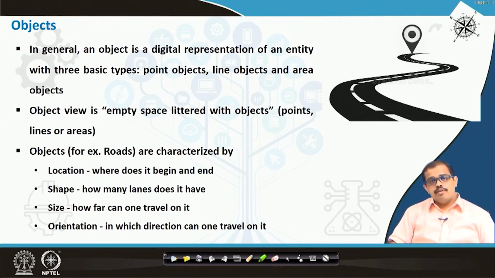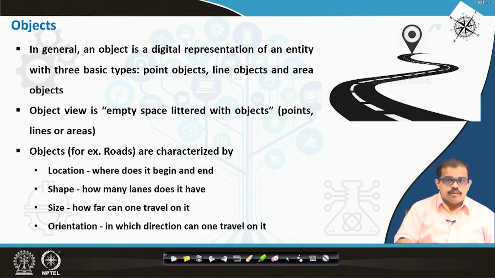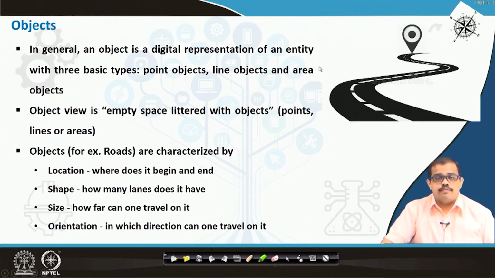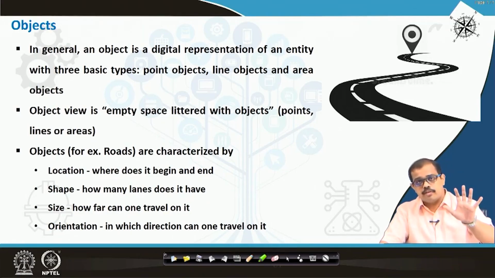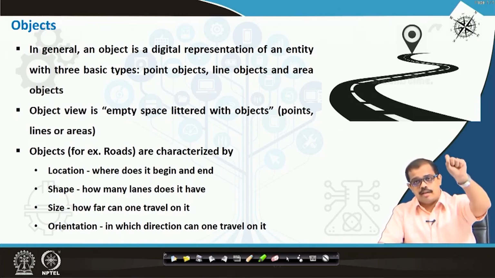The object view is an empty space littered with objects. If you have this entire slide with nothing written on it, it is an empty space in a database. Now I put some objects on it. It may be a point object, it may be a line object.